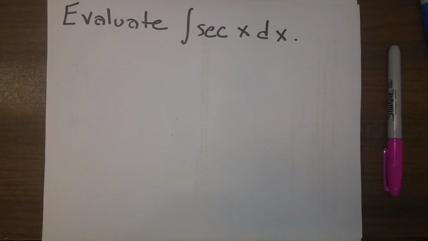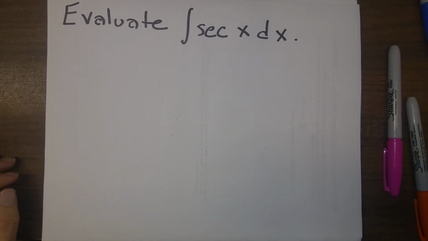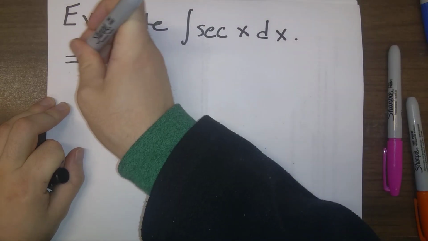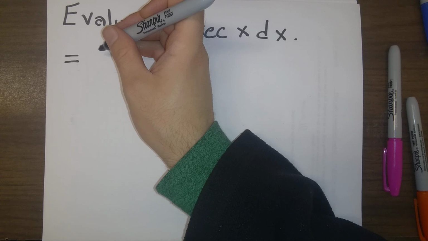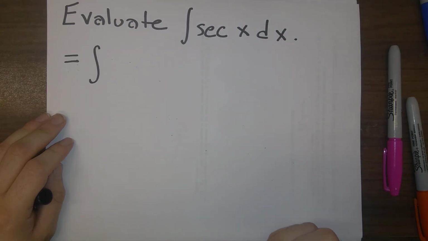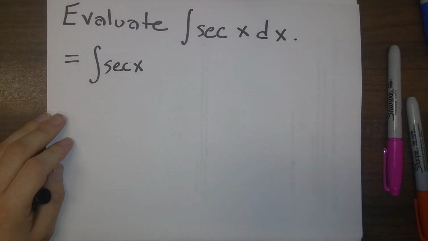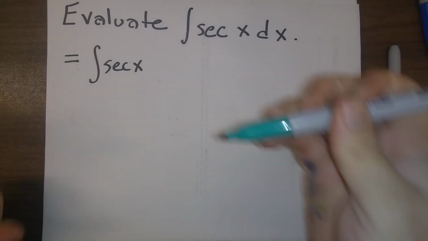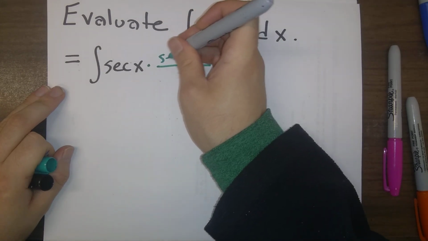In the next problem, let's take a look at the integral of secant x. And as it turns out, this is a little bit more complicated to deal with. So we have to do a little trick here. What we're going to do is multiply the integrand by something over something.